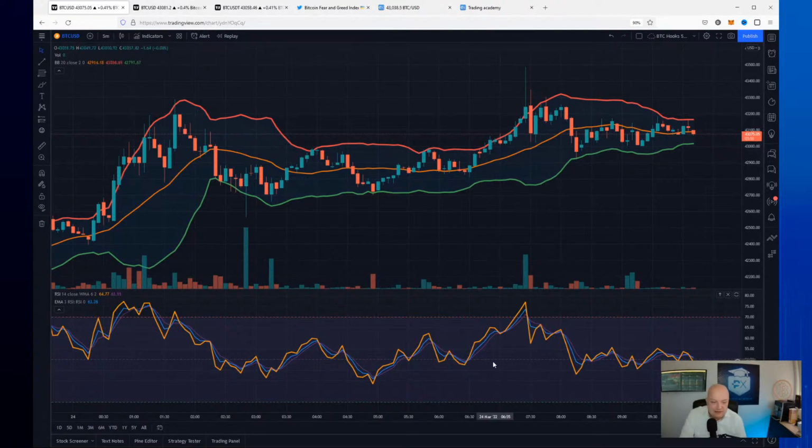By the book means, in this case, whenever the indicator, so the RSI, here's the orange line on my chart, goes over 70, the market is so-called overbought, which means it should go back again. But as you can see, that really doesn't work very well.